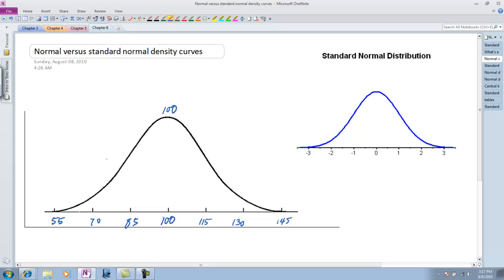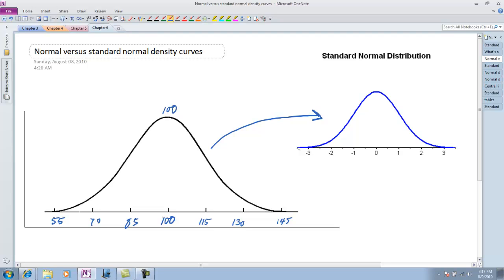However, without standardizing our information, that is, without converting this curve into a distribution of z-scores, we can't actually use the cumulative z table that's found at the end of your book or at the front of your book.